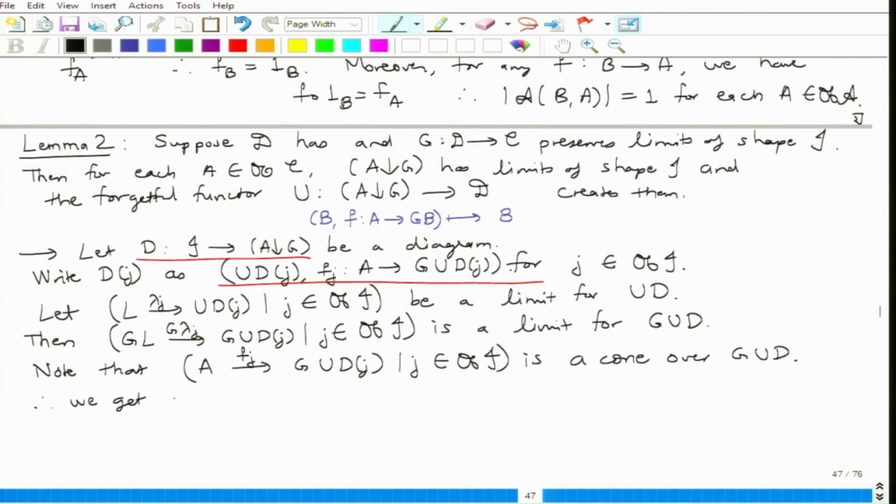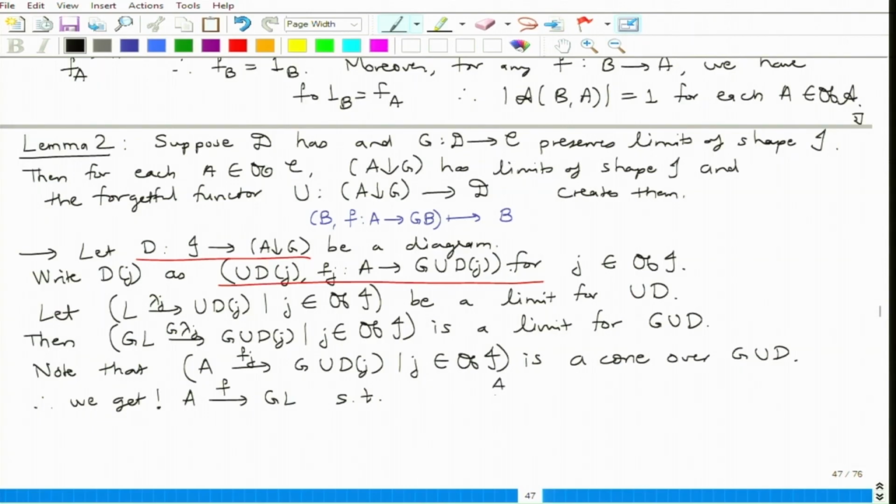Yes, therefore we get A to GL, let's call it F. Unique, I mean a unique A to GL morphism such that what happens? Well, G lambda J. Maybe I should just draw the diagram.